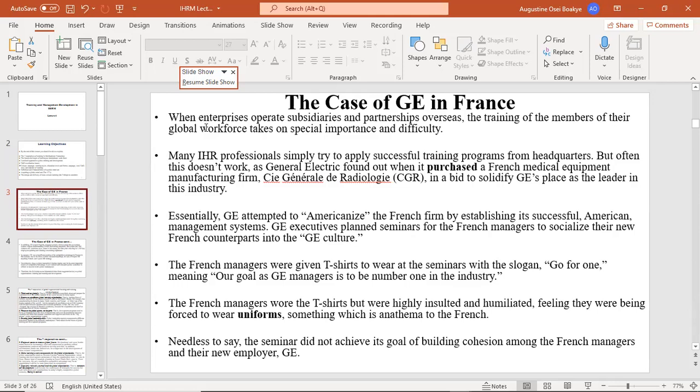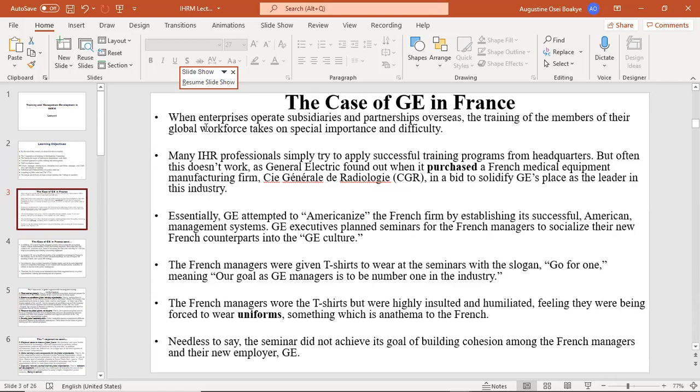The French managers were given t-shirts to wear at the seminars with the slogan, "Go for one," meaning our goal as GE managers is to be number one in the industry. The French managers wore the t-shirts, but were highly insulted and humiliated, feeling they were being forced to wear uniforms, something which is anathema to the French.